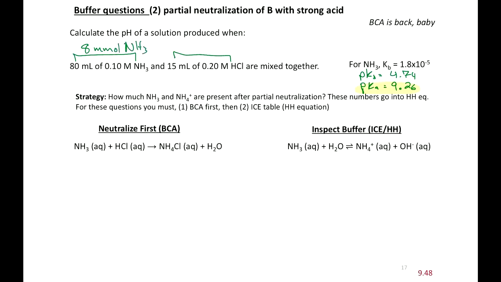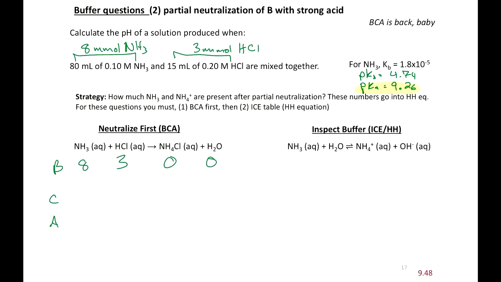And then we have 3 millimoles of HCl, which is a strong acid. Weak bases are neutralized by strong acids, so we're going to partially neutralize this first using a BCA table. So we start with 8 millimoles of ammonia, 3 millimoles of HCl. We have 0 of the other stuff.